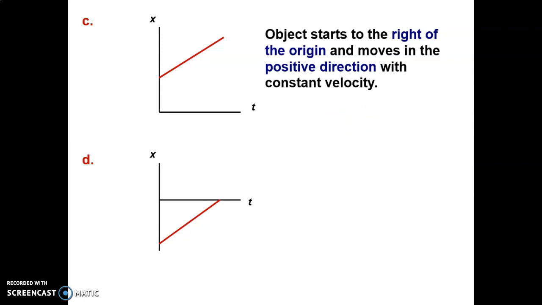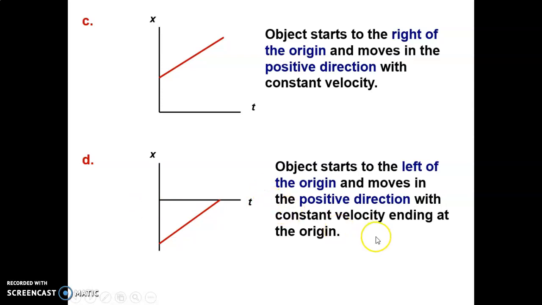On the bottom graph, it also does not start at the origin, but it's going to move towards the origin because it ends up on this line here, which would be our 0 mark. So here it starts to the left, it's moving in the positive direction, and it has constant speed.